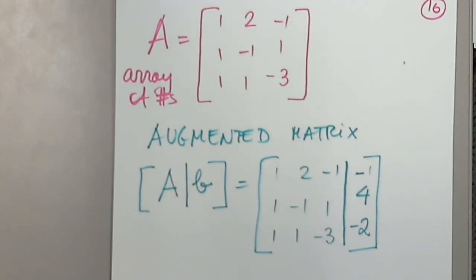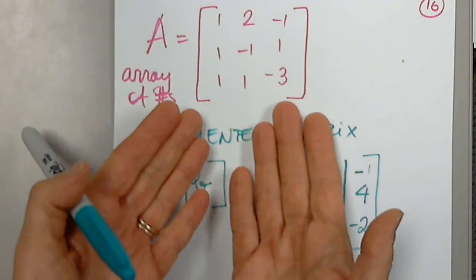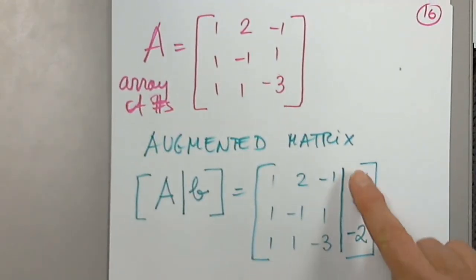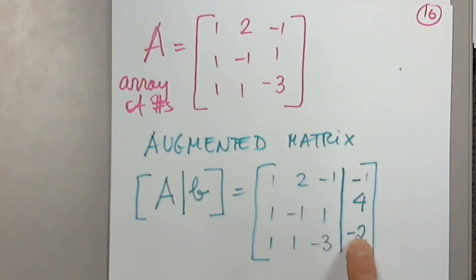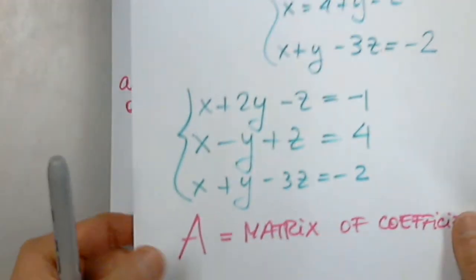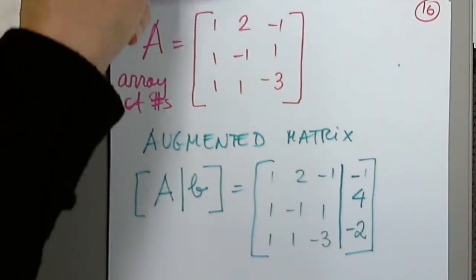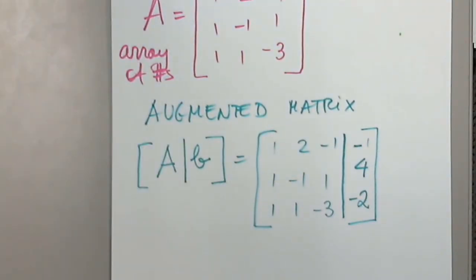The next step, using the matrix of the system and the free terms from the system, -1, 4, -2, we created something else that is called the augmented matrix. It's the matrix with another column next to it, augmented by the last column. Okay.